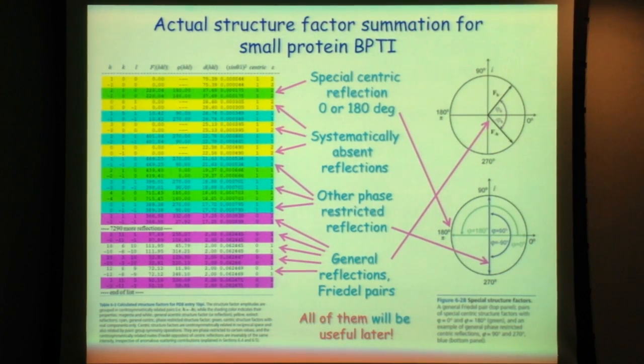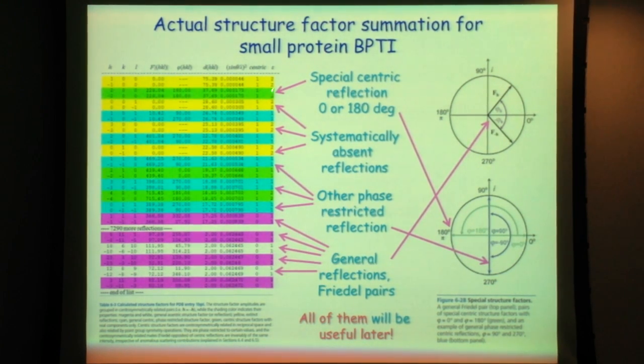There's this BPTI protein, which is everybody's exercise protein for phasing, testing, and all kinds of things. It's in the P2 sub 1, 2 sub 1, 2 sub 1 space group.